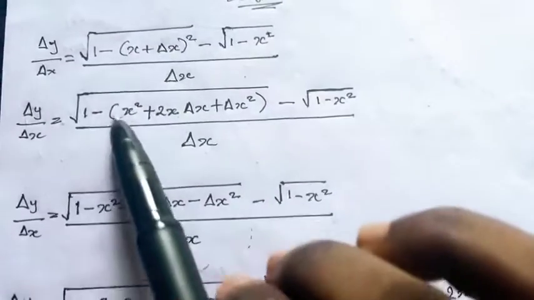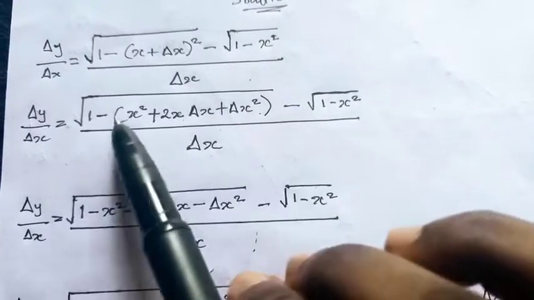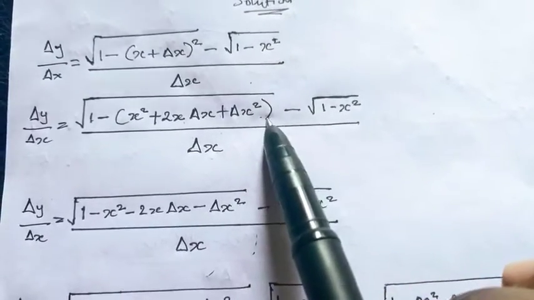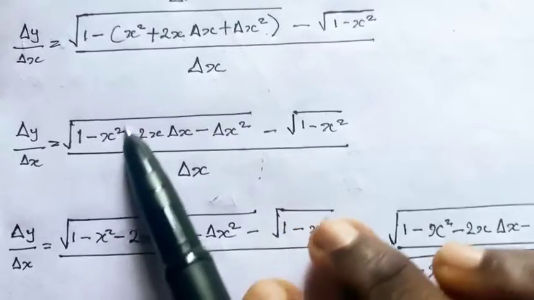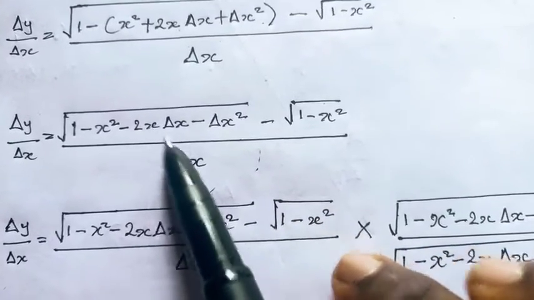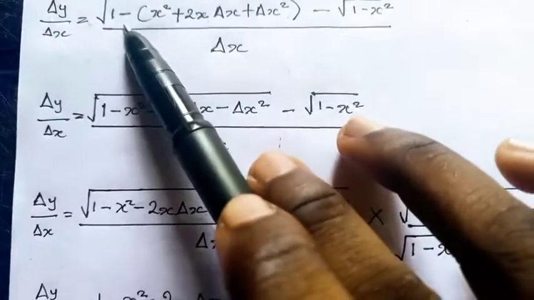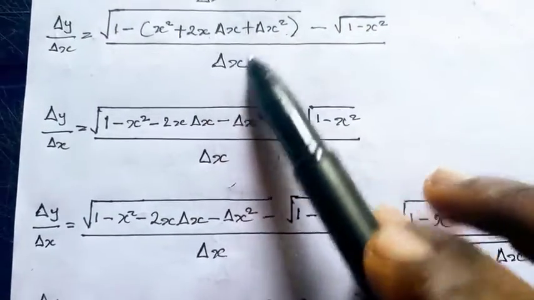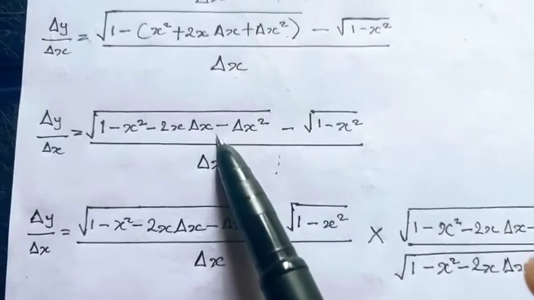Since I know this negative sign affects everything here, that is why I've put it in a bracket. So when I open the bracket, I have 1 minus x squared minus 2x change in x minus change in x squared. You see, the minus opens up the bracket and changes the whole function to negative.